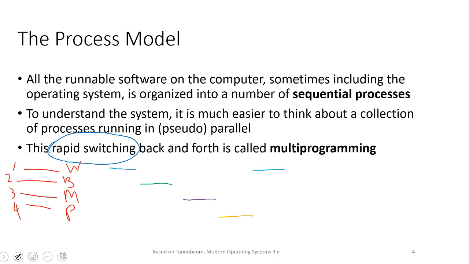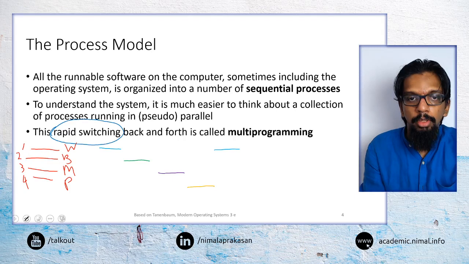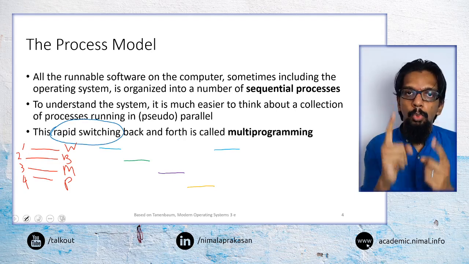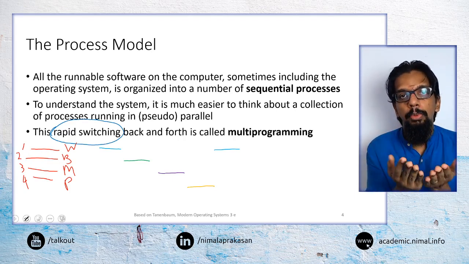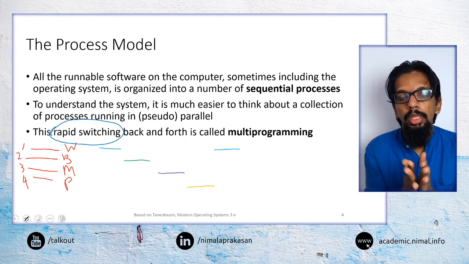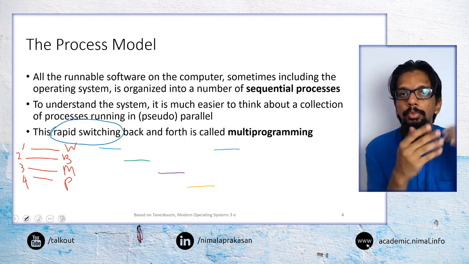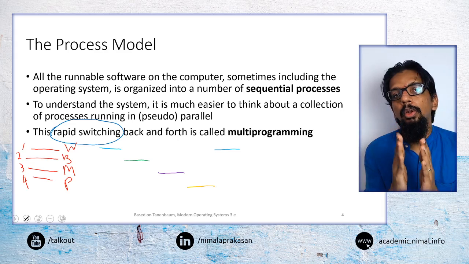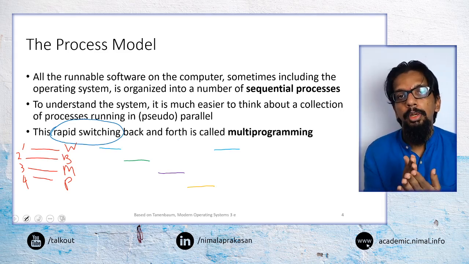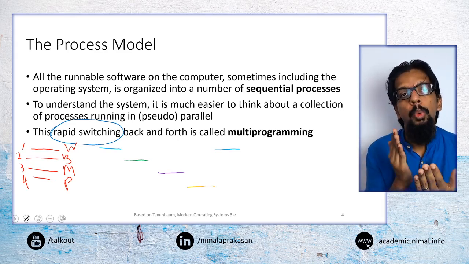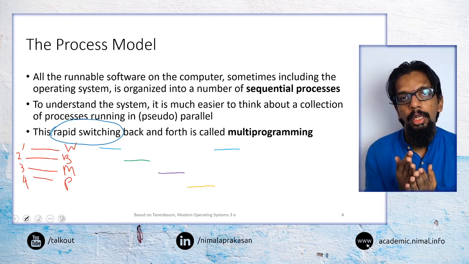At a particular point in time, we can still only run one program because we only have one processor. We are assuming that we only have one processor. With one processor, we can only run one process, do one computation, at a particular point in time.